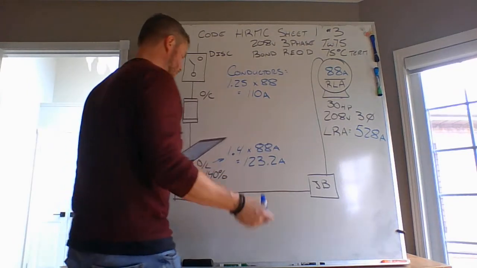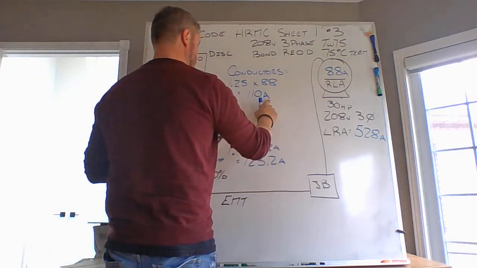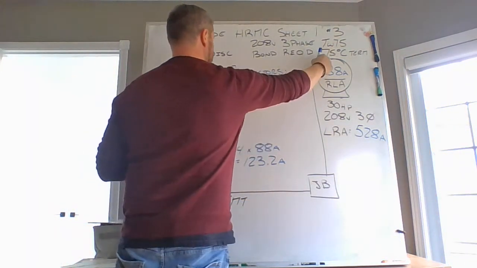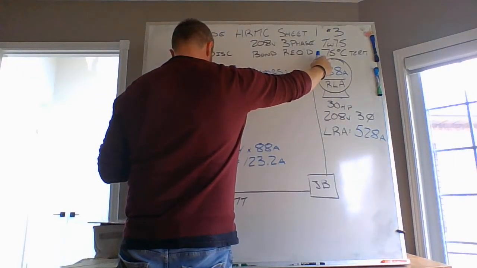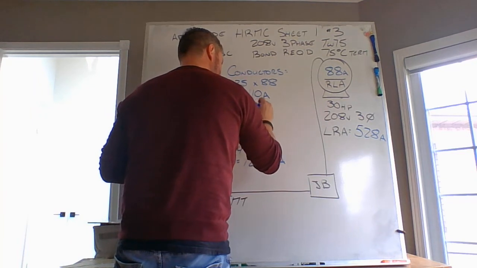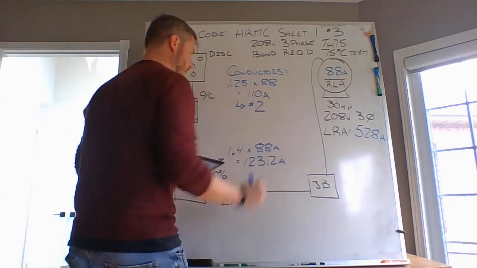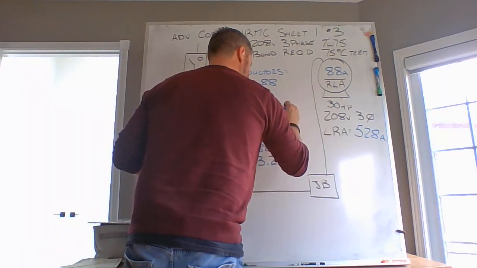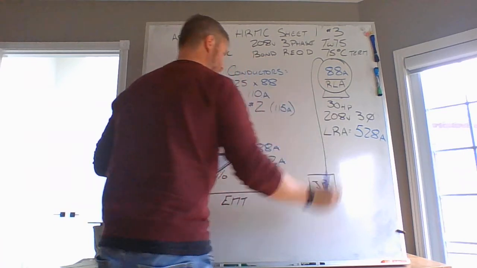Okay, at that point in time, 110 amps required load, 75 degrees Celsius termination temperatures. I have to go down to a number 2 conductor, good for 115 amps.